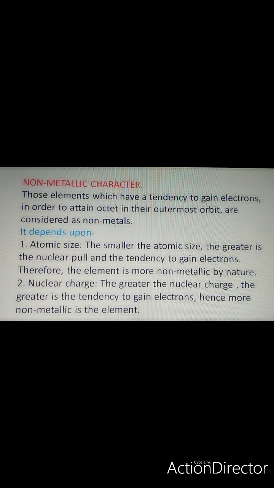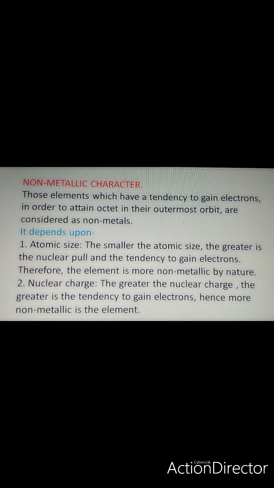Then see non-metallic character. Those elements which have a tendency to gain electrons in order to attain an octet in their outermost orbit are considered as non-metals. Now see, here it means to gain electrons. If the element has 7 electrons in the outermost shell, then it needs one electron to complete its outermost orbit.